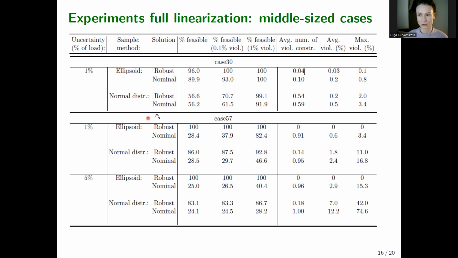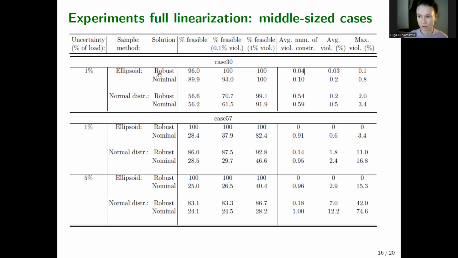But if we want to interpret it using the normal distribution, so we basically sample from a larger set, then we cannot do that anymore. You can see, for example, case 30. Case 30 was also feasible for our approach, and we got very good feasibility results. Here, if we're within the ellipsoid, we're still pretty good. So this is our robust approach. This is the nominal approach. DCOPF is very frequently infeasible.